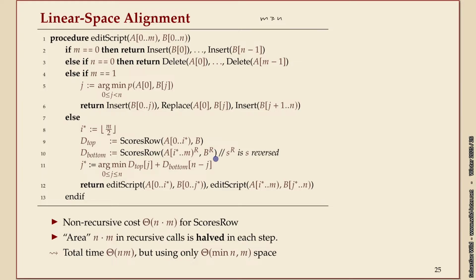So this is the part we have to compute in the non-recursive cost. But then I'm also recursing. Each time I'm making the first string half as long, so I can have at most log m recursive calls. A very conservative estimate would be log m times nm.